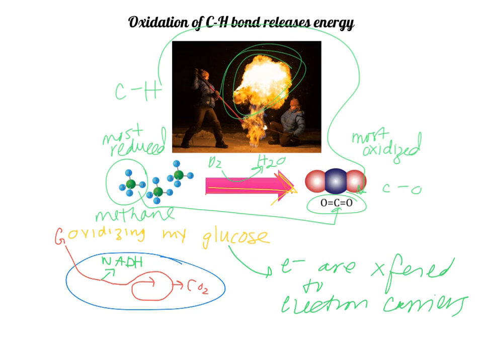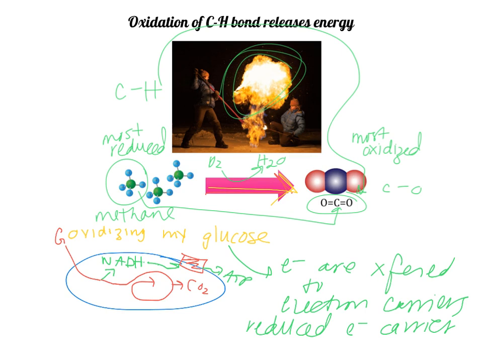And they may also be called reduced electron carriers. Okay, and so these are carrying electrons, and we'll meet one of them, and it's going to deliver these electrons to an electron transport chain. And those electrons in the electron transport chain are going to be coupled to making ATP, and that is the oxidative phosphorylation.